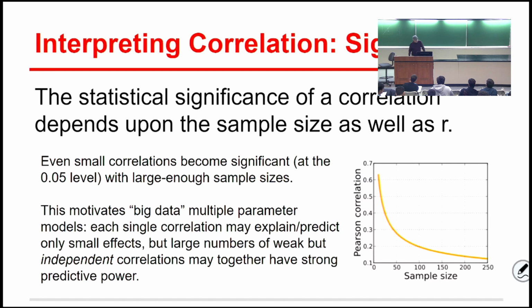Now, if I could have a large number of features, each of which explains 1%, and they are not correlated among themselves, they're independent things, maybe I could build a bigger classifier that could do much better. But again, if all I have are weak variables that are all very correlated with each other, I'm not going to be able to do a great job predicting it, even if it's a real phenomenon.